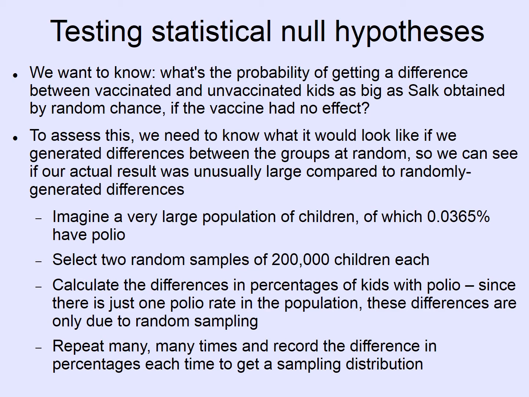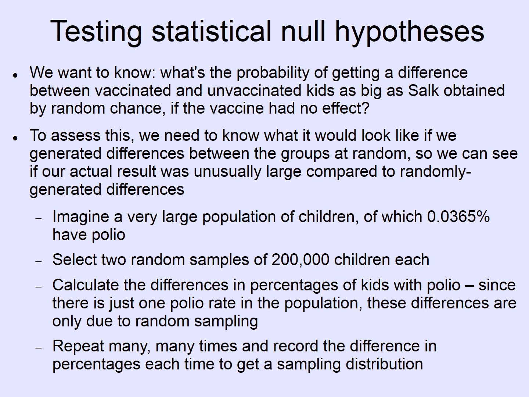So I'm going to take a population of kids that large, in which I didn't do anything, and they had a rate among all these kids of 0.0365% with polio. Then among 400,000 kids, I select two random samples, 200,000 children in each, so it's a random shuffle.